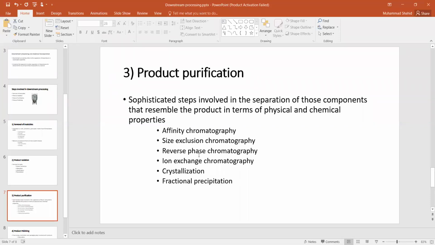Then another type of chromatographic technique used for product purification in downstream processing is called reverse phase chromatography.